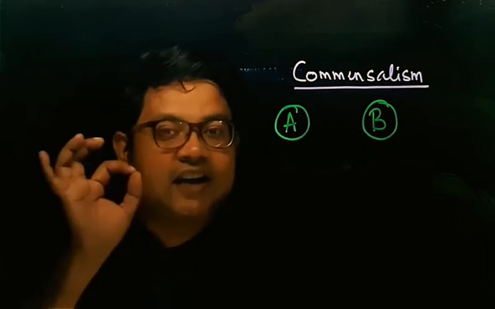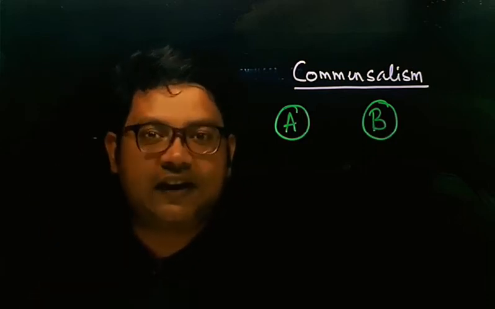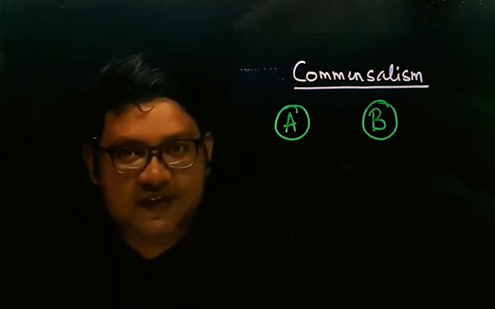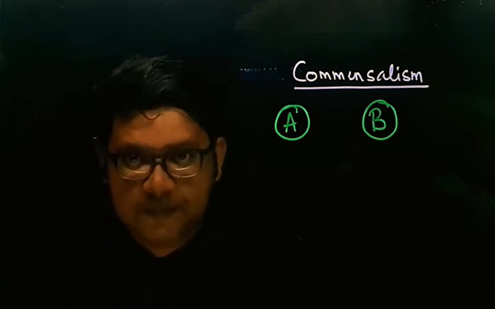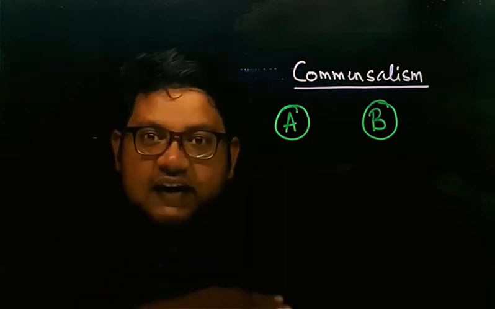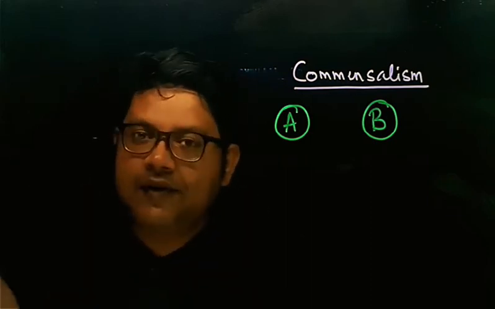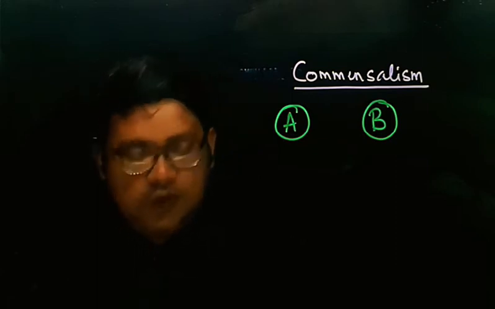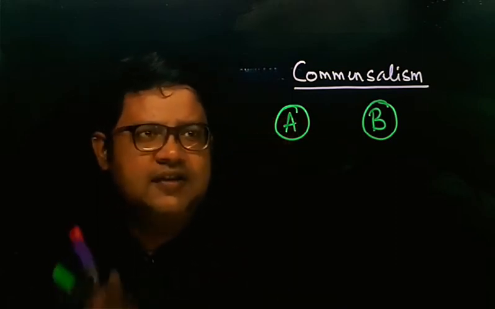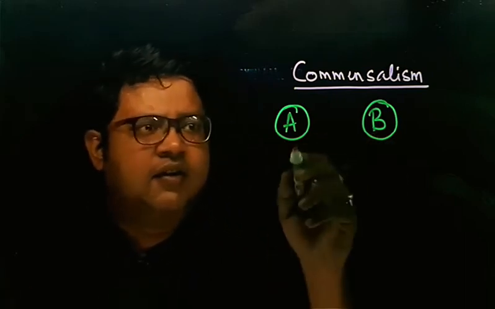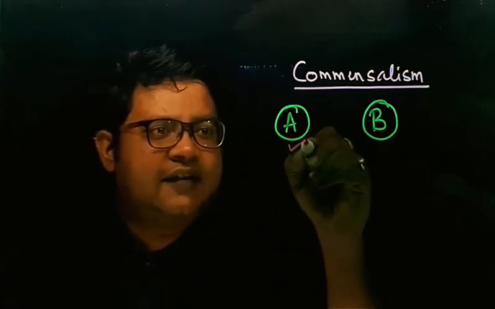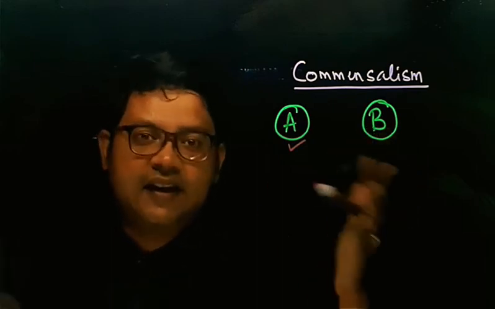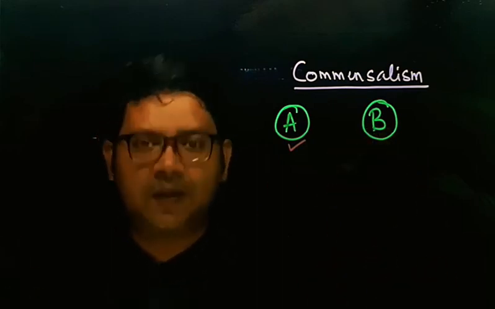It is a type of interspecific interaction where one of the interacting species is getting benefited and the other is neither benefited nor harmed. So, for example, if only species A is getting benefited, species B is neither getting benefited nor getting harmed.